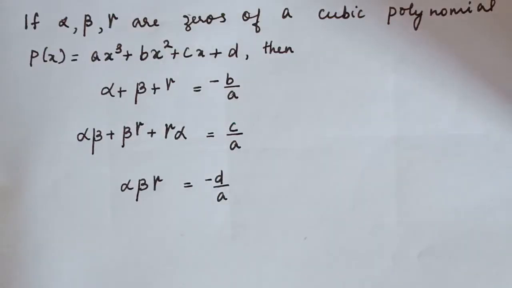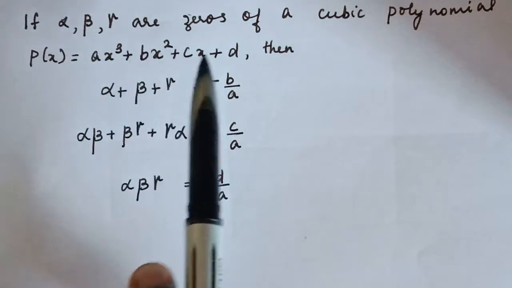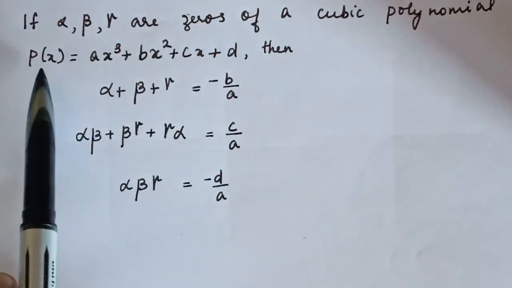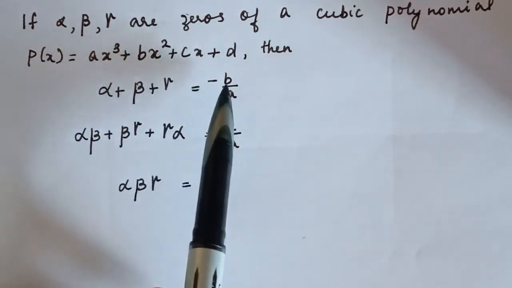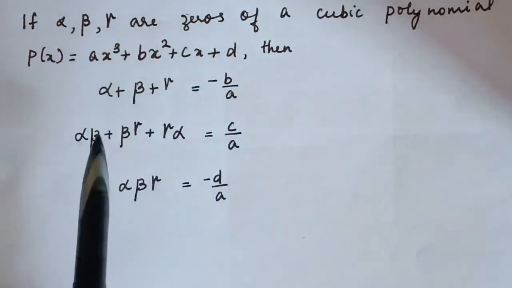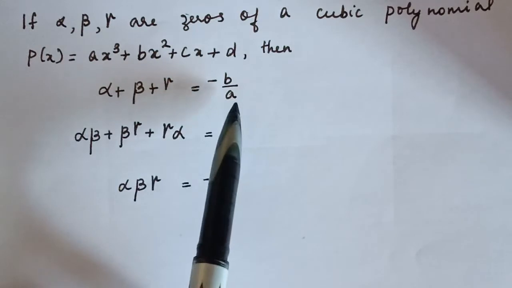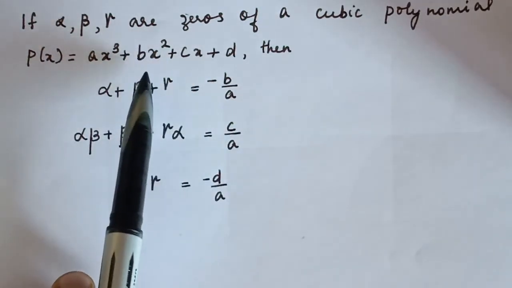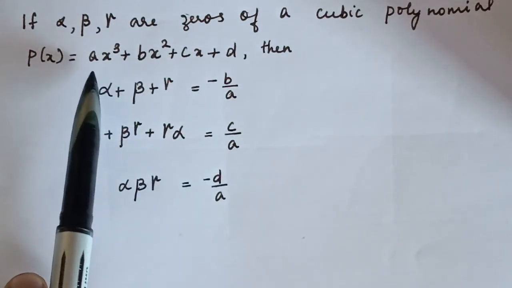If it is a cubic polynomial, if alpha, beta, gamma are the zeros of a cubic polynomial, the general form is ax cubed plus bx squared plus cx plus d. Then alpha plus beta plus gamma is equal to minus b by a, that is minus coefficient of x squared divided by coefficient of x cube.